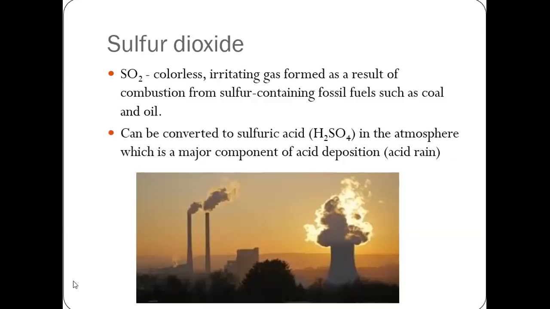So this is also derived from power plants, coal power plants, which are the major culprit, including automobiles. Volcanic eruptions can actually spew out sulfur dioxide, including nuclear power plants.